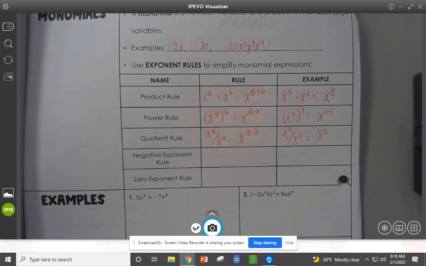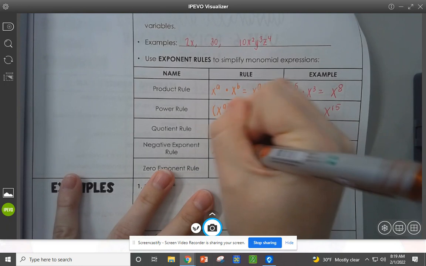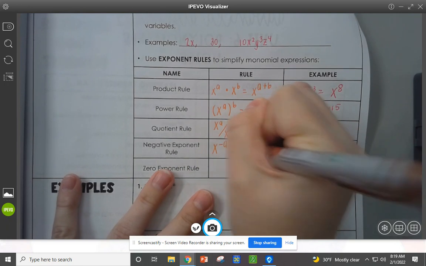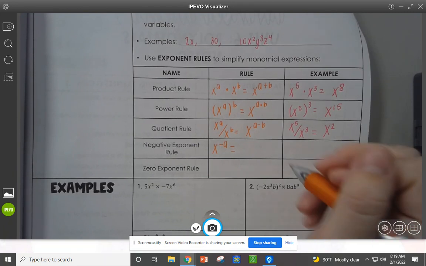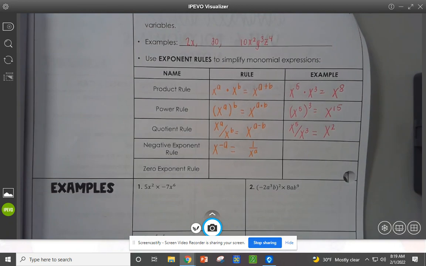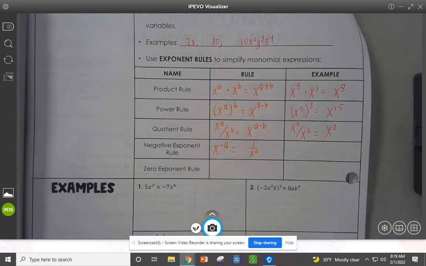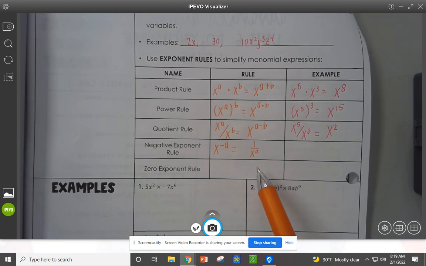Negative exponents. This one might be a little new. If you have x to the negative a power, to some negative number, that is the same as having 1 over x to the a power. So anytime you have a negative exponent, it moves to the bottom of a fraction and becomes positive.